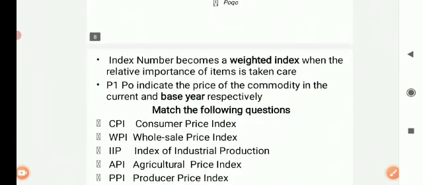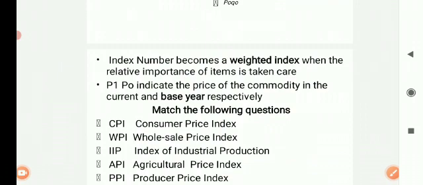Now look at another two important points. I think this is a fill in the blanks question. Index numbers become a weighted index when the relative importance of items is taken care of.